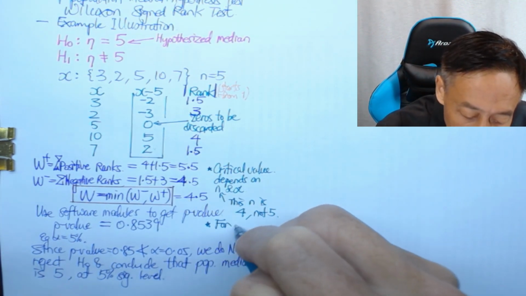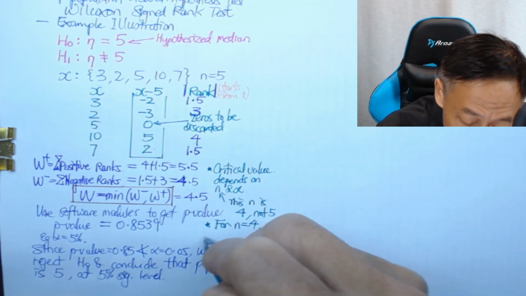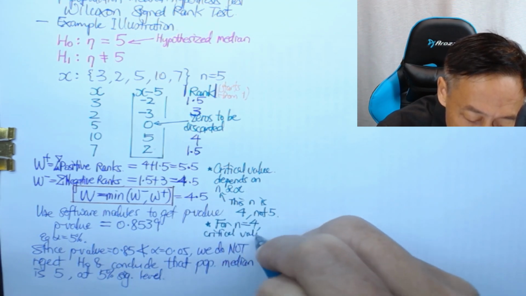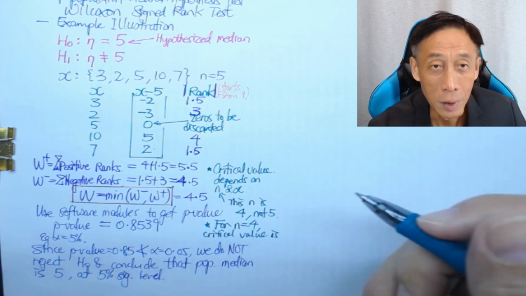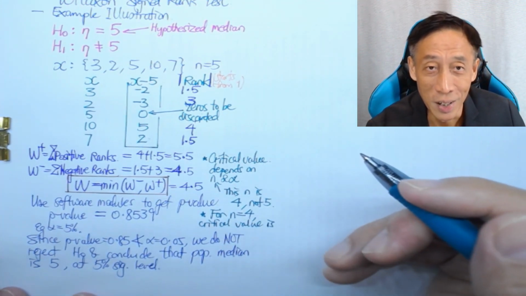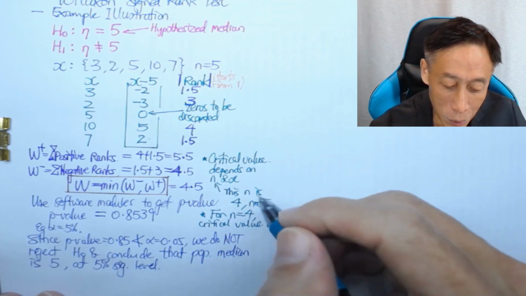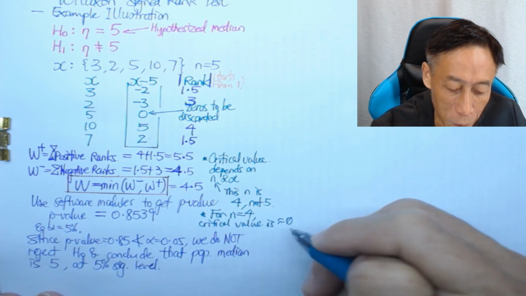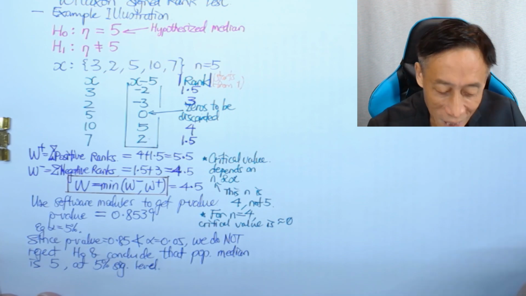for n equals 4, the critical value, if you look up the table, some tables are not even showing that. So the minimum value is 5 or more, so it is approximately 0. In other words, almost any test statistic will not be less than that.